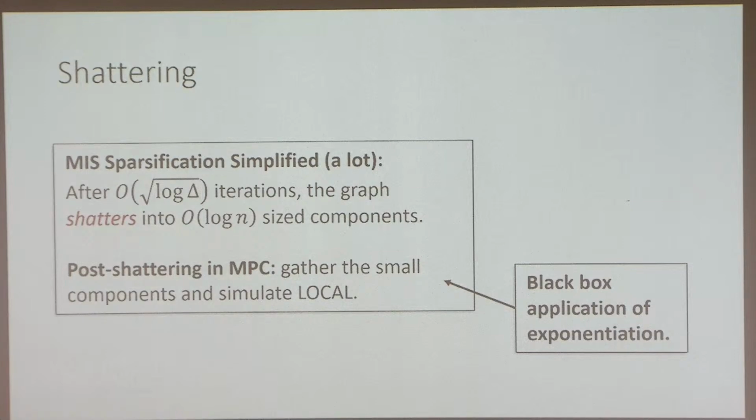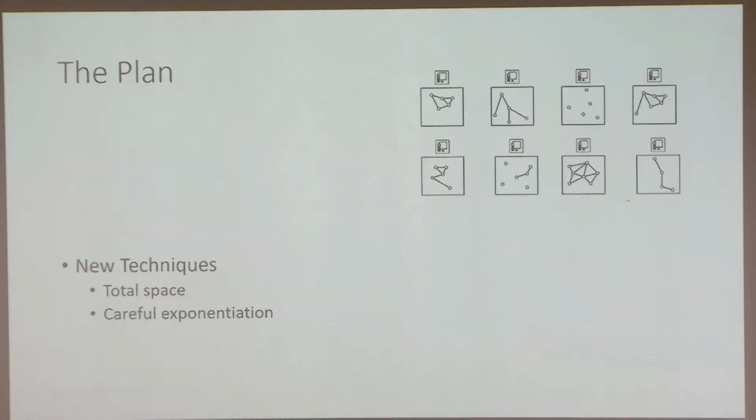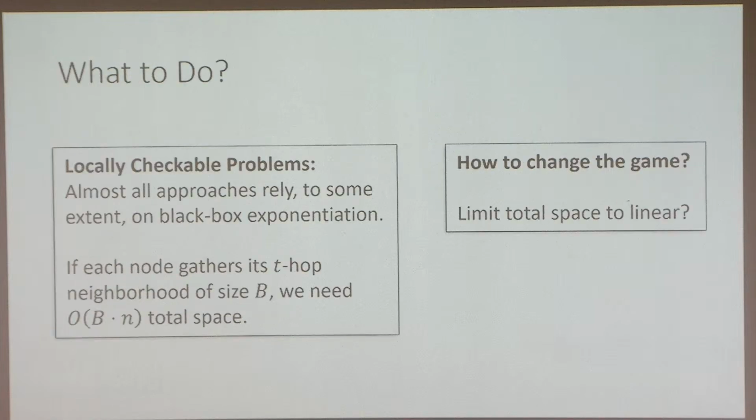Now you might wonder why I was so hand-wavy and in both cases said that we do black box exponentiation. Well, I'll try to now explain where this came from. First of all, many of the problems in this local constraint satisfaction do the same thing.